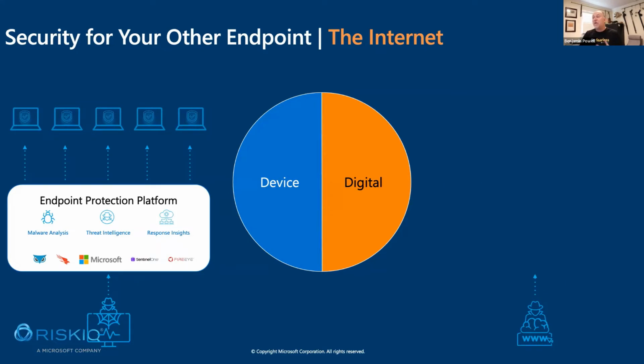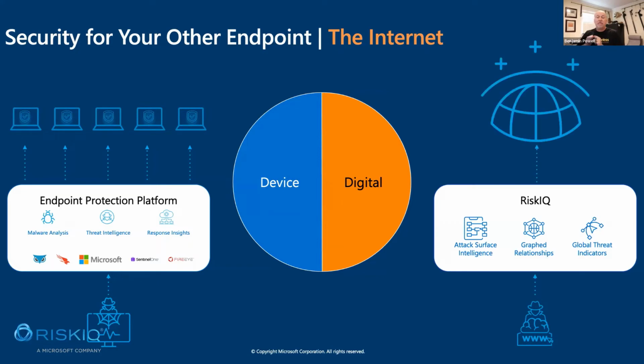And we can help you then use that to push it out to enhance your internal systems to make those better. So we're marrying the internet and the endpoint together to give you better understanding of the threats that are out there and the risks that are associated with those.